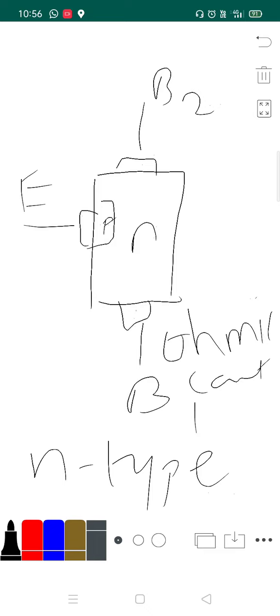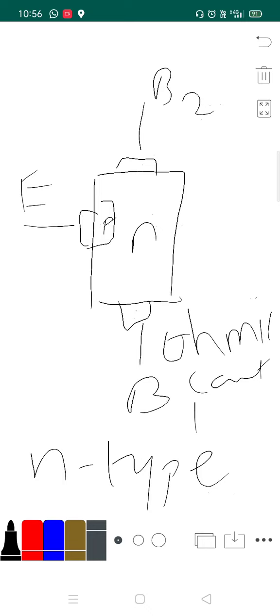So this uni junction transistor has two bases and one emitter. We basically consider the N-type uni junction transistor because the majority of the semiconductor is N-type. That's why we call it N-type uni junction transistor.